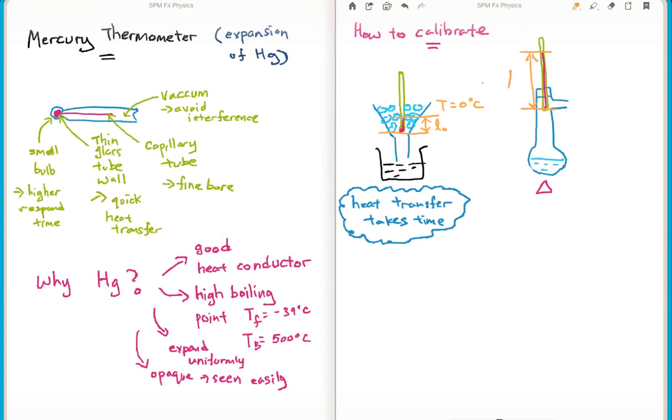So this is my L100, because at this temperature T is 100 degrees C. When it's 100 degrees, this length. When it's 0 degrees, this length.